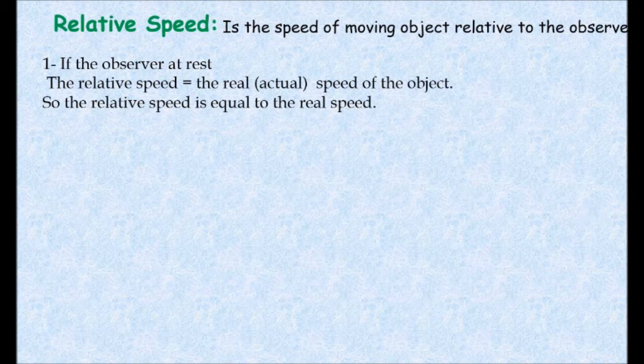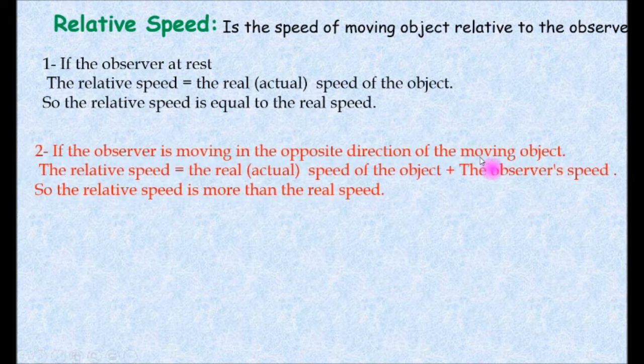In the second case, the observer is on a moving object, but the direction of movement here is opposite to the direction of the object that we need to calculate its speed.